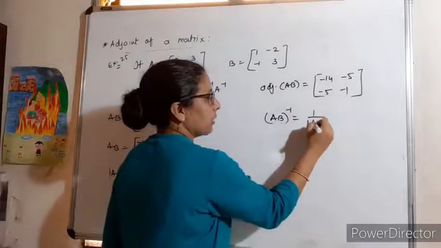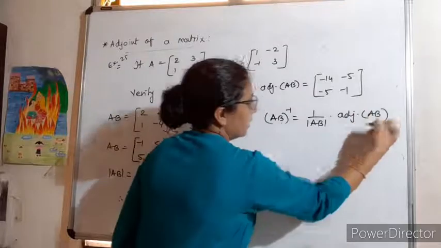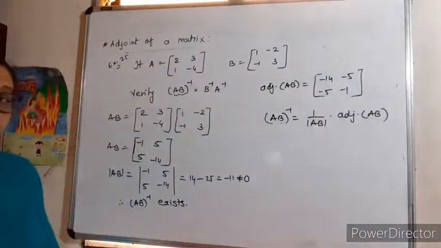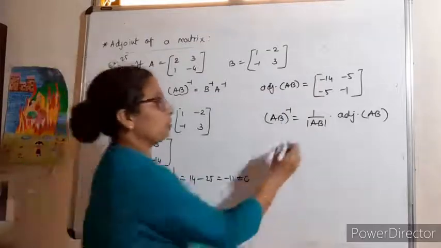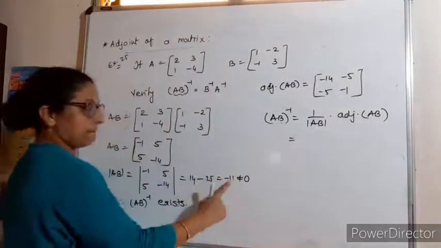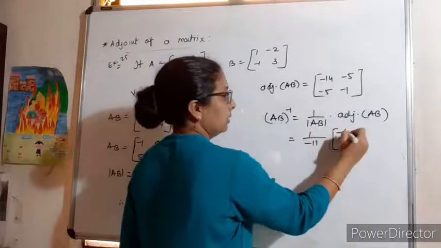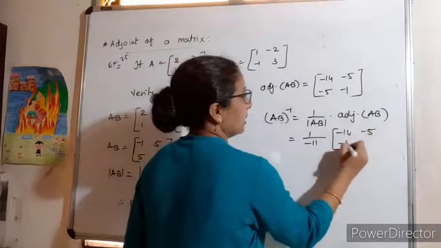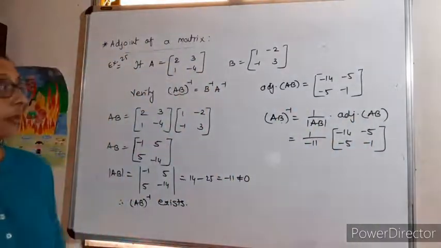AB inverse is 1 upon determinant of AB into adjoint of AB. This is the formula for whichever matrix we want to find the inverse of, right? So 1 upon minus 11, here minus 14, minus 5, minus 5, minus 1. Take out minus common from that.